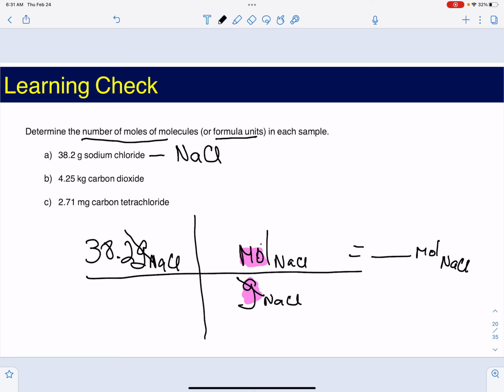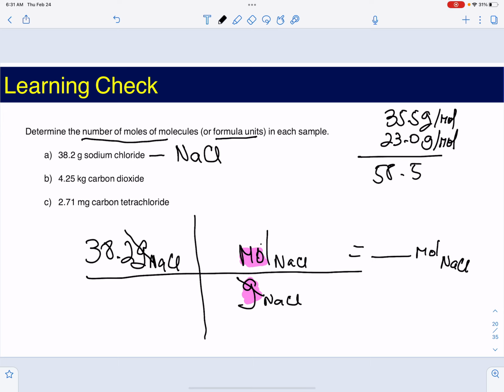So the molar mass of sodium chloride is going to be 35.5 grams per mole for the chlorine, and 23.0 grams per mole for the sodium, which is going to be 58.5 grams per mole. So that means 58.5 for every 1 mole.